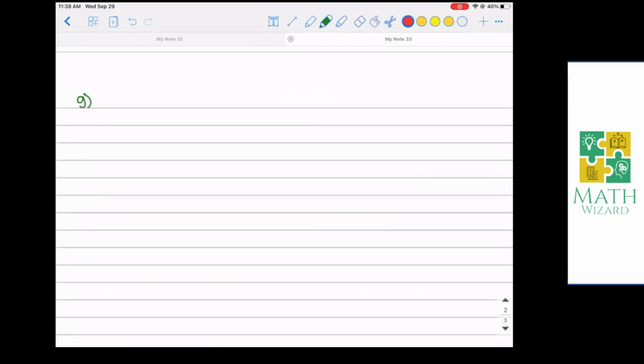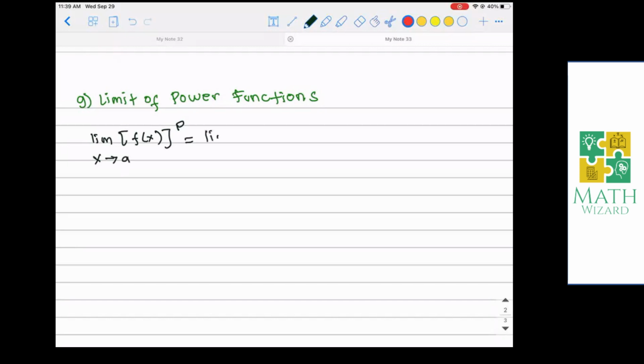So the limit of power functions. So the limit of power function, it states that, let's say, the limit of f of x raised to a certain power p as x approaches to letter A, then ang magiging sagot natin would be, kukunin muna natin yung limit ng f of x as x approaches to letter A, saka natin siya i-raise sa kanyang power.